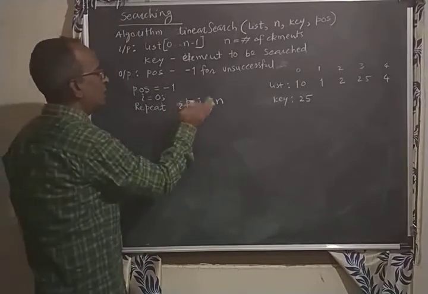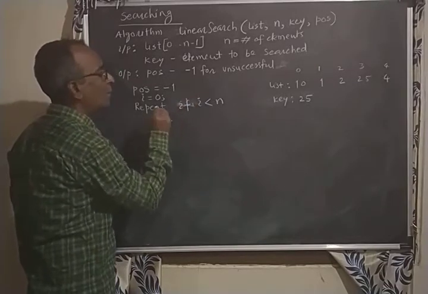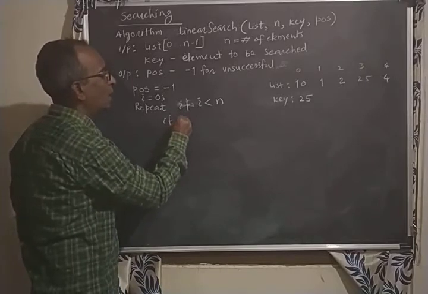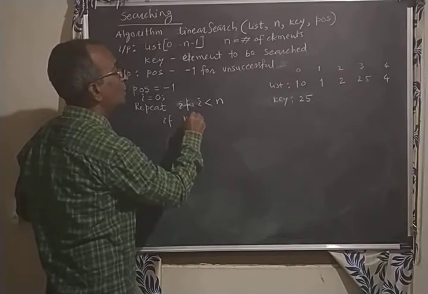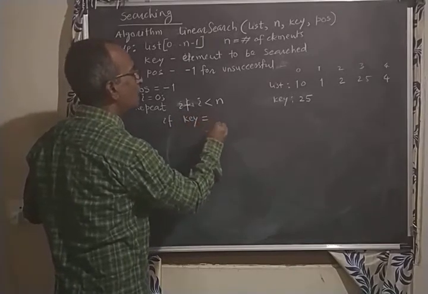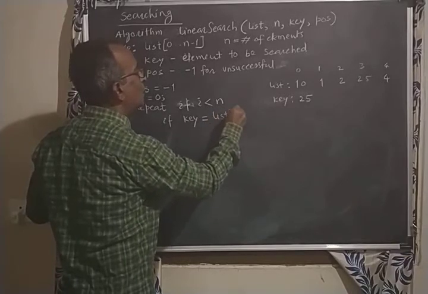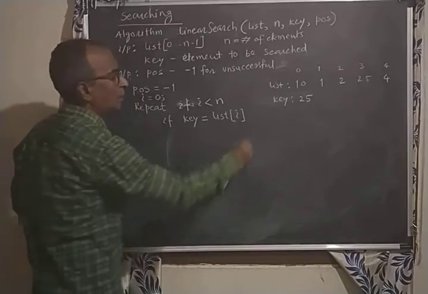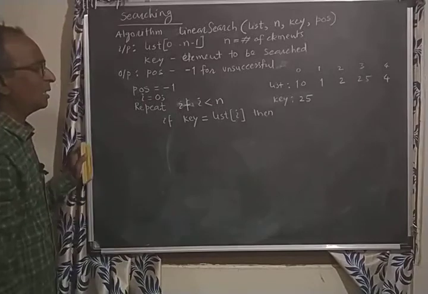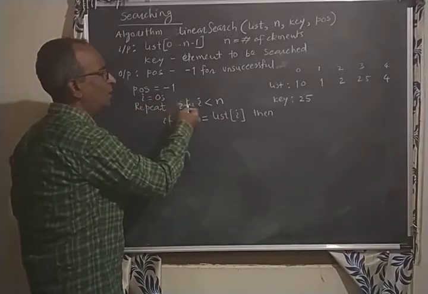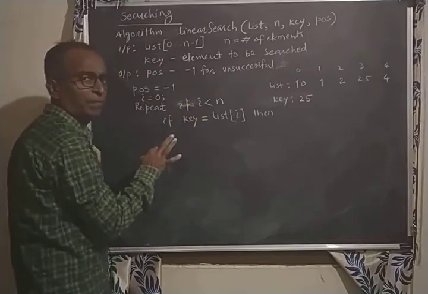Now if i is less than n, then what we are doing: if the element to be searched, key, is equal to the list's ith element, then, this is the general algorithmic syntax we are saying. i is 0, repeat, this is repeating while i is less than n.